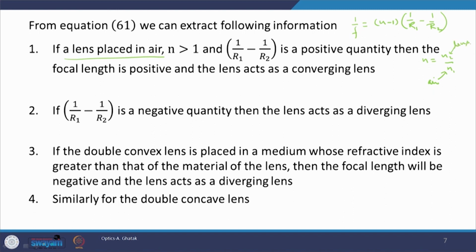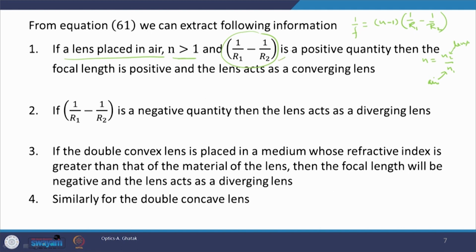Now, if the lens is placed in air, n2 by n1 will always be larger than 1, and this is what is written here: small n is larger than 1. And 1 by r1 minus 1 by r2 is also a positive quantity, if these two conditions are met. What are these two conditions? Small n is larger than 1 and 1 by r1 minus 1 by r2 is also larger than 0.